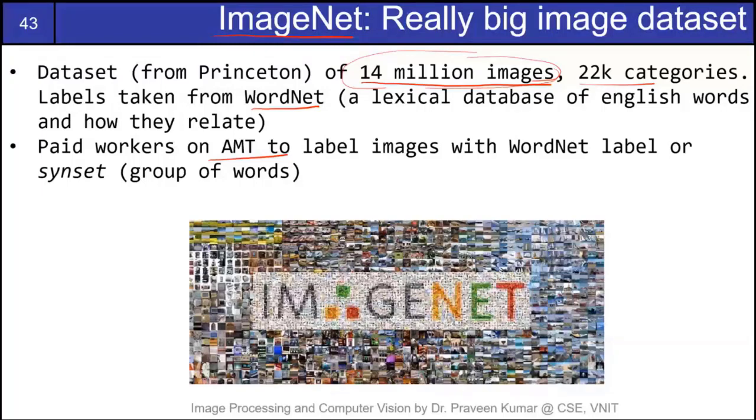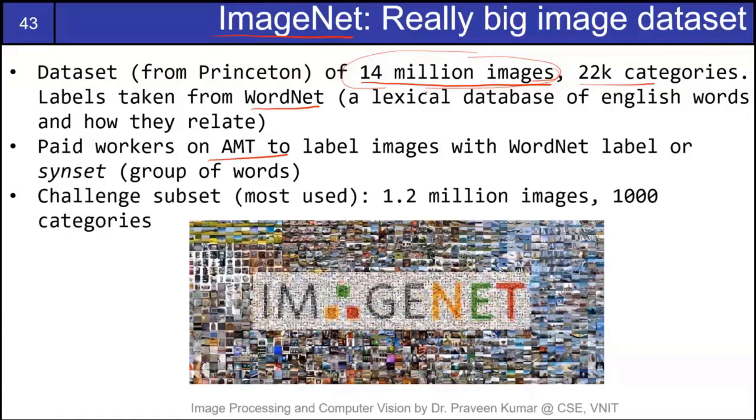And every year a competition is held on this, and most often a subset of it is taken, because the entire data set has some ambiguity amongst these 22,000 categories. Many of the categories are just for the dog class itself, maybe different breeds of dogs, and some of them may overlap between categories.